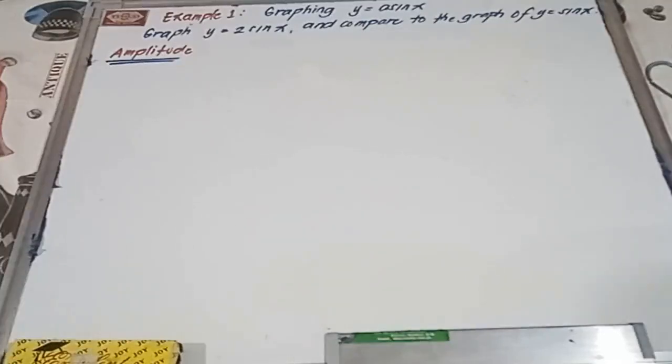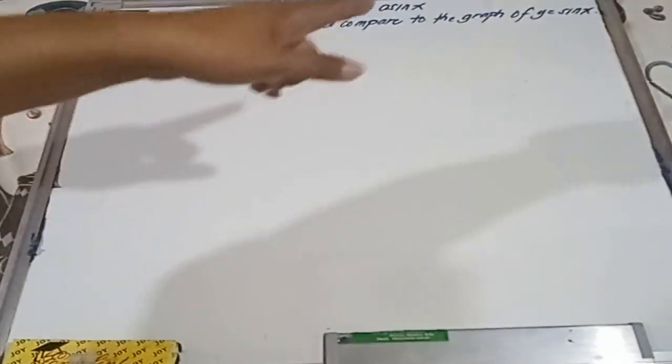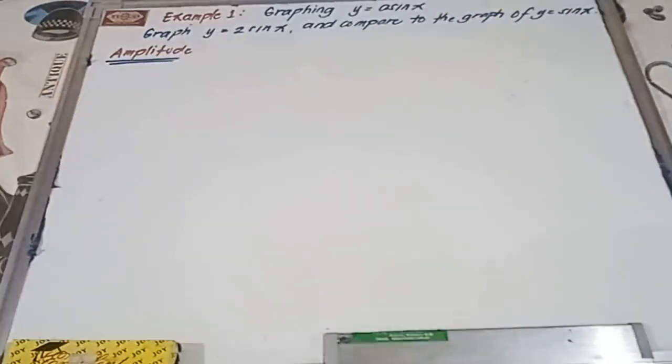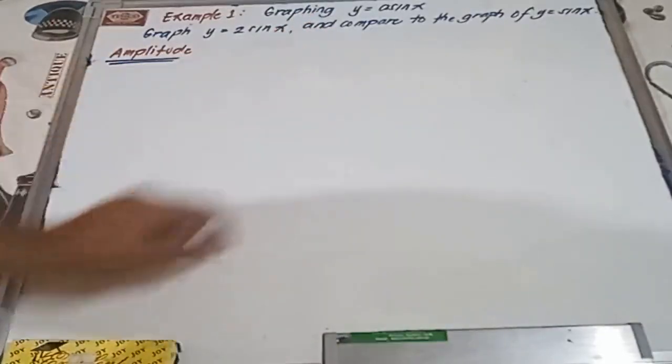If we give a value of x, the value of y will be twice as large as it would be with y equals sine x, because it is multiplied by 2. So the value of y will be doubled as compared to the function y equals sine x.